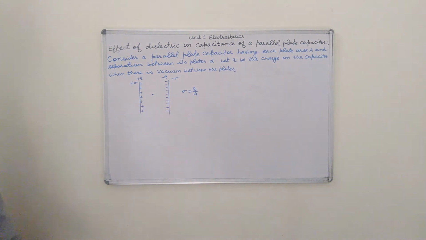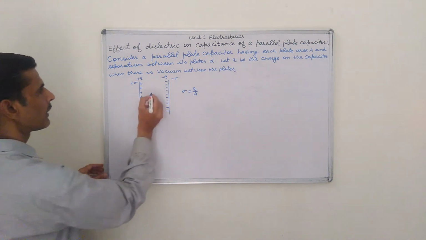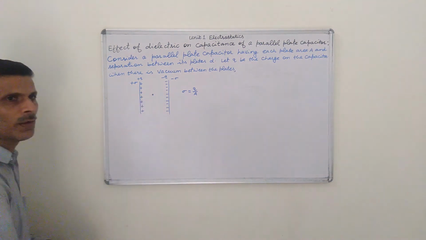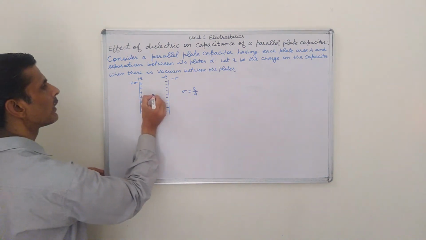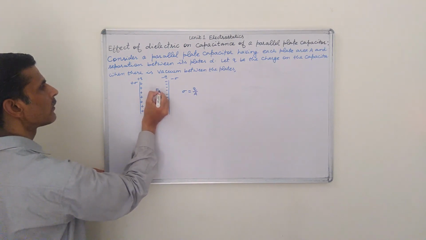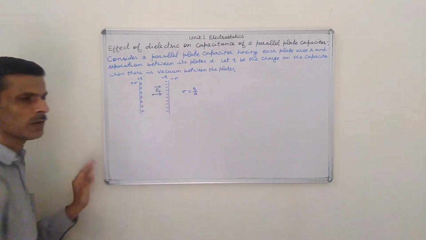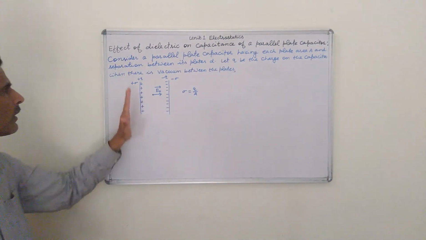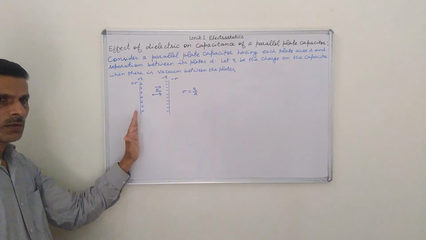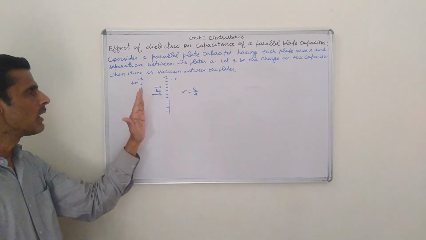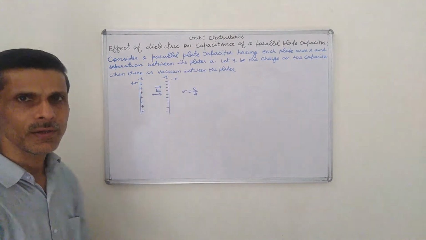When there is vacuum between the plates, electric field at a point, it is directed left to right. Plate 1, that is left plate, its electric field, it is pointing left to right.